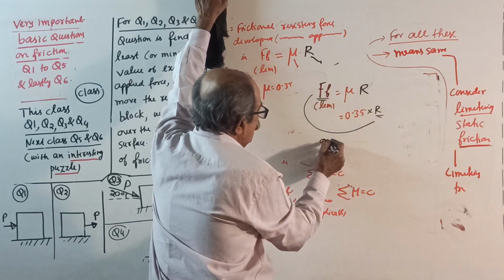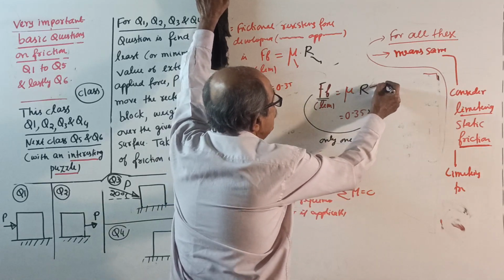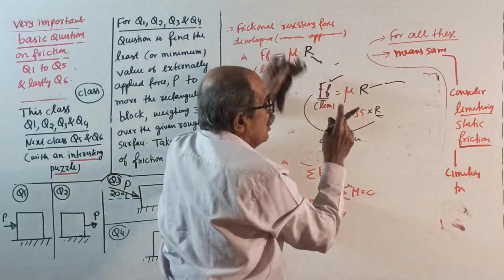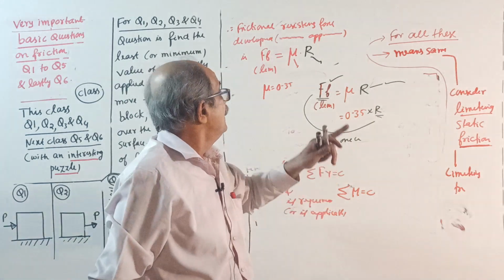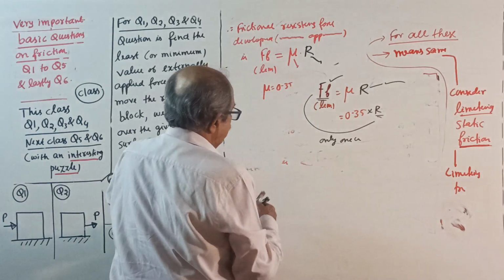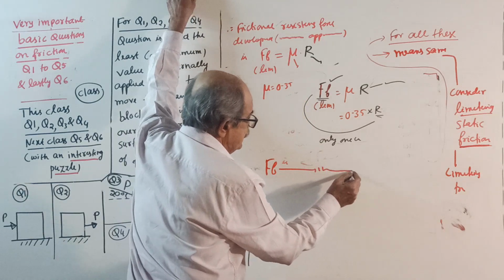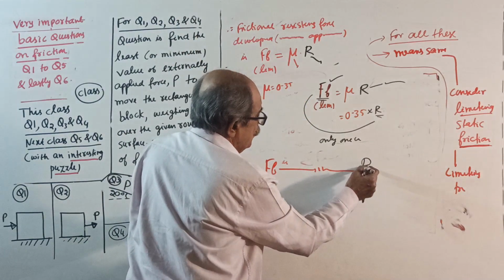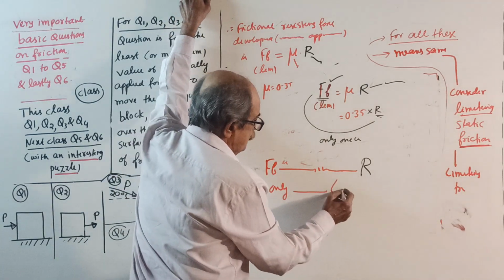So, only one unknown. If R is unknown, F_F is not unknown because F_F is in terms of R. Very, very important, make a note. So, F_F will be in terms of R only when we consider limiting friction.